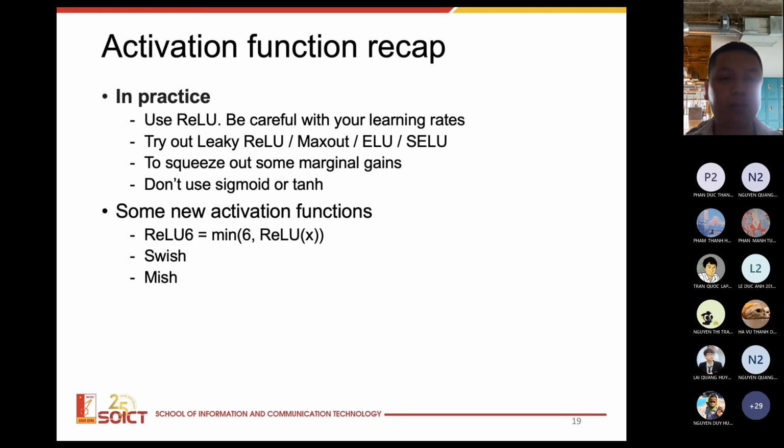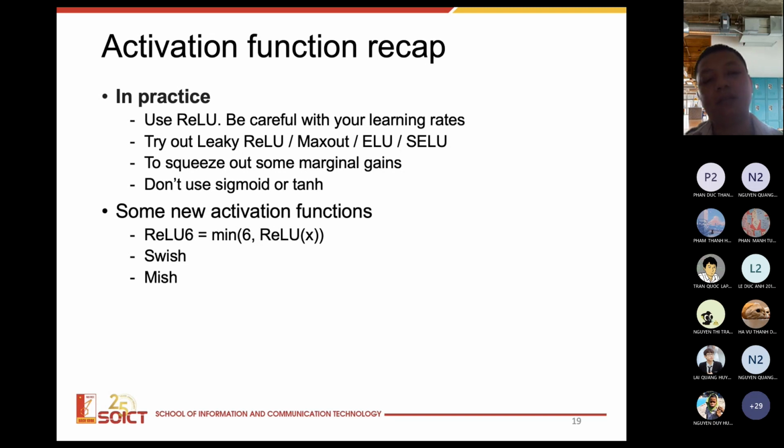I myself have experimented with different activation functions, and I'm seeing that for that reinforcement learning test, the tanh and sigmoid somehow perform better than the ReLU and ReLU variants. Some new activation functions that you might try, for example, the ReLU6.